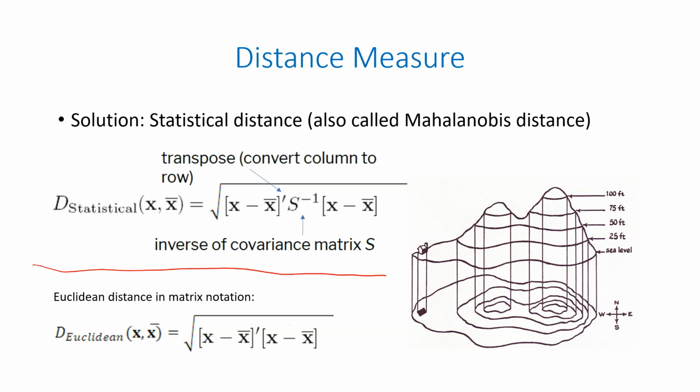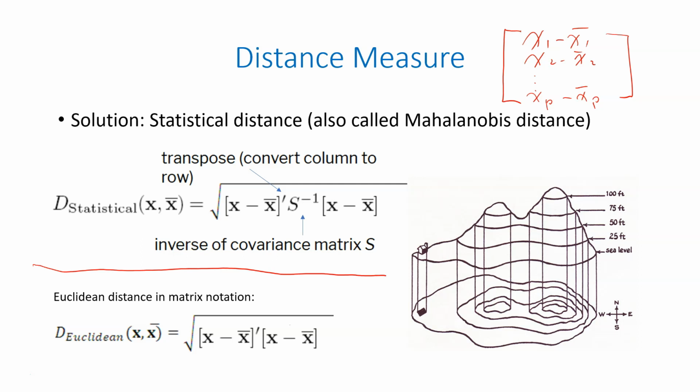For example, x1 minus x1 bar, x2 minus x2 bar, and so on, all the way to xp minus xp bar. And that would be the matrix of the differences between the individual values and the means.